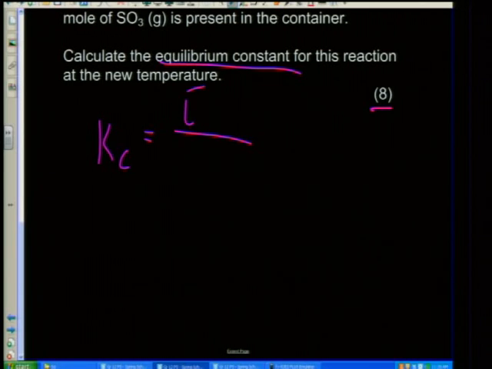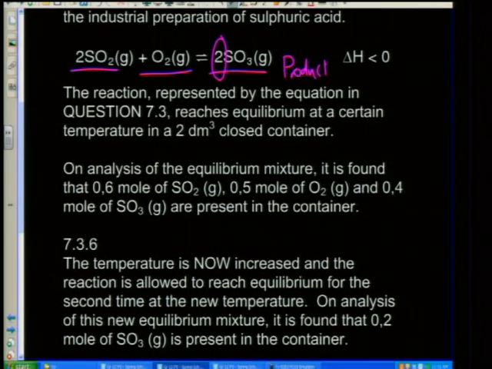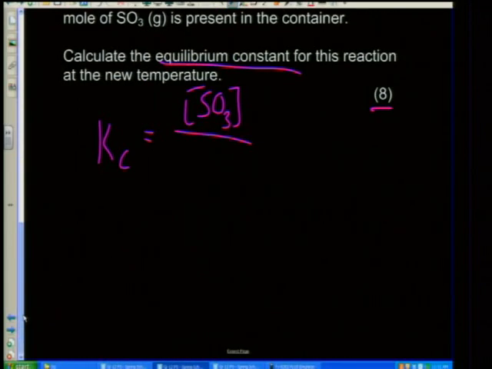So it must be the concentration of SO3. And when you look at the balanced equation, what you'll recognize is there's a 2 in front of that. So we must write the square. So we're going to say SO3 squared. The reactants were SO2 and oxygen.